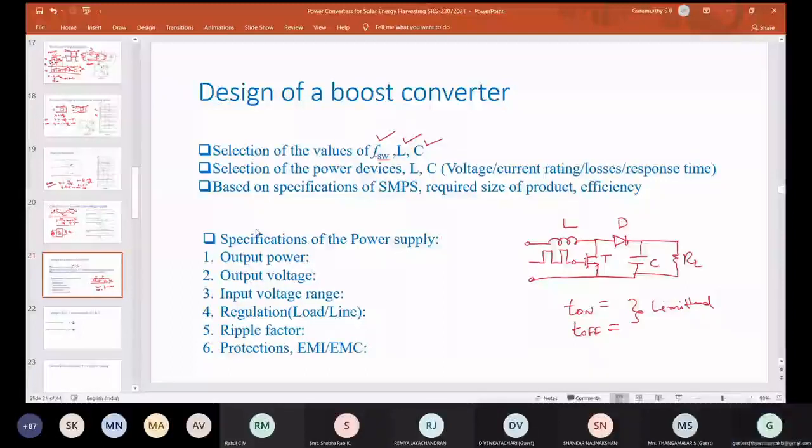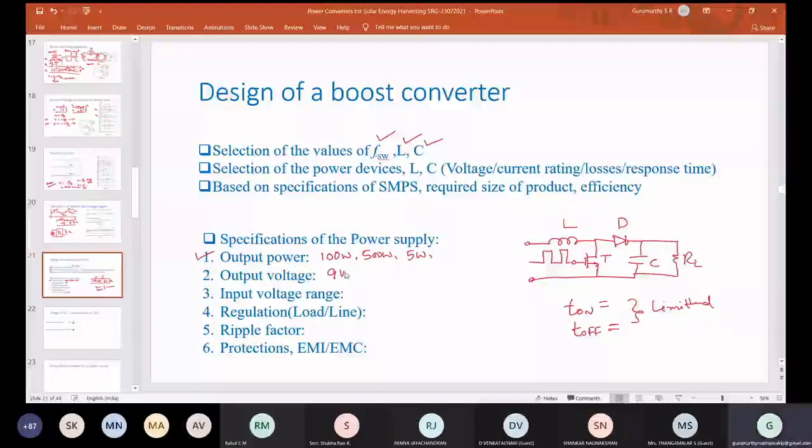So that means the specification has to be defined. So what is the specification? Output power. Output power may be 100 watts, 500 watts, or maybe 5 watts, like this. So output power has to be specified. Second one is the output voltage. What voltage is your gadget working at? It may be 9 volts, or a 24 volt battery, or 3.3 volt for the cell phone, whatever it is.